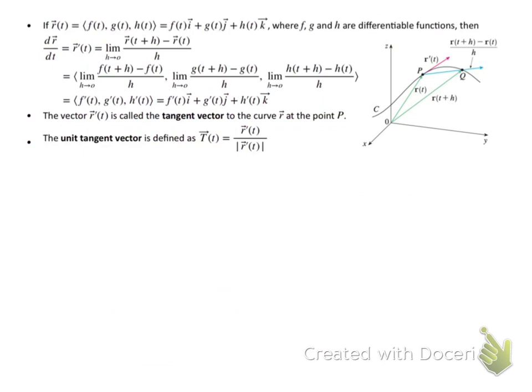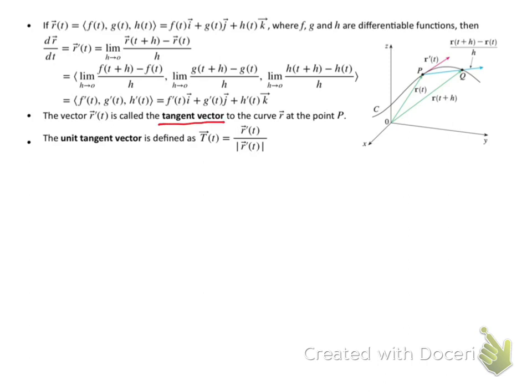Since our vector is a function now, we can have the derivative and the integral defined. The way we define it is, if you differentiate a vector, you are differentiating every coordinate. What you get is another vector, which is called the tangent vector.